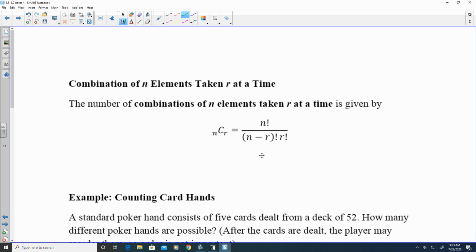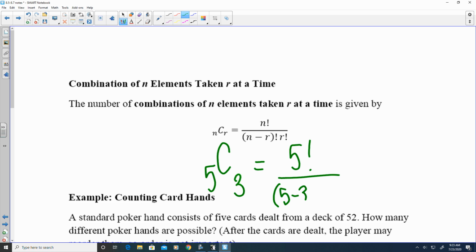We had 5 letters, so we did 5C3, which was 5 factorial over 5 minus 3 factorial and 3 factorial. If we did that, we would get the exact same answer as just by listing. For that type of thing, I did not really enjoy the listing. I would have probably preferred to use this formula.